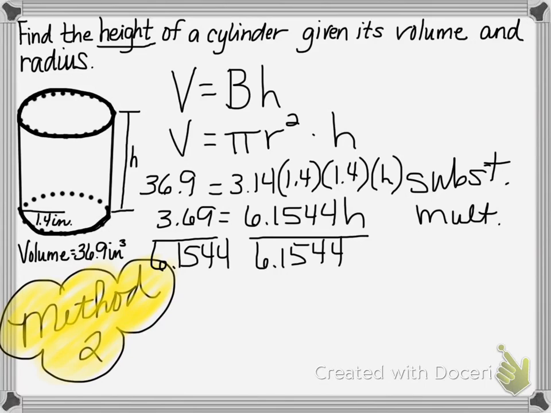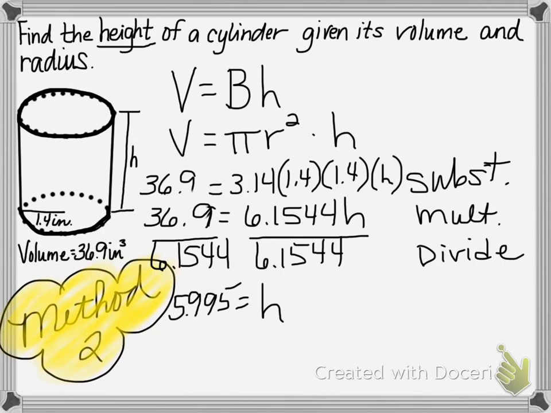Make a note for myself that I divide at this point. And then I find my final value for h. So you can restart the video. And then my directions tell, after I find that h is equal to 5.995, and the decimal continues on, but I only need to round it to the nearest tenth.